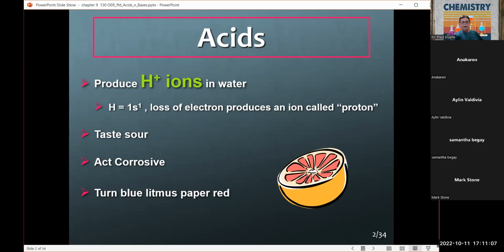Now, the thing about acids is this: covalent compounds produce acids. HCl is a covalent compound. Nitric acid, we're going to learn about. Sulfuric acid. All of those are covalent compounds.